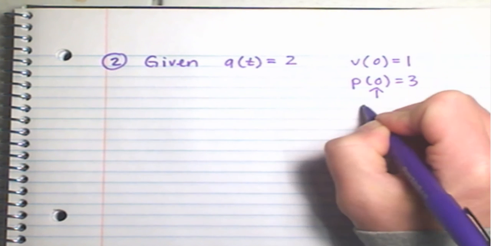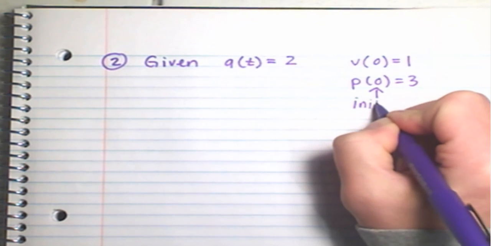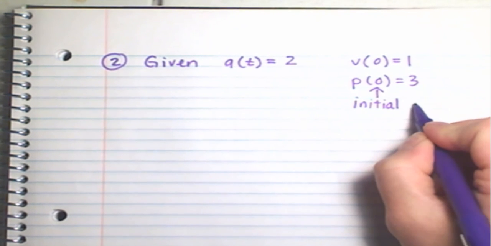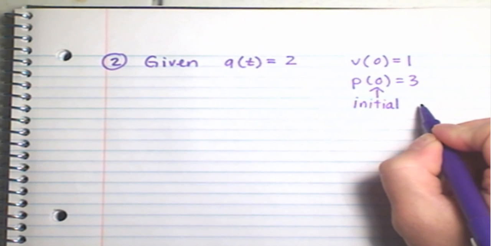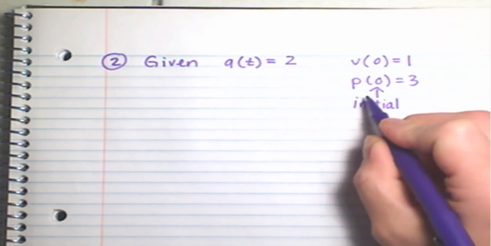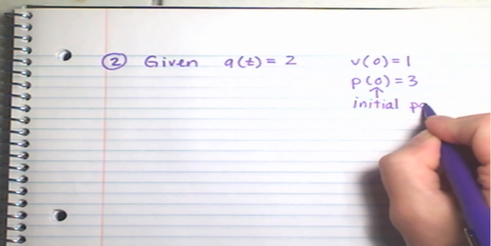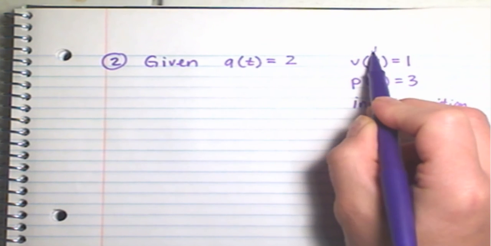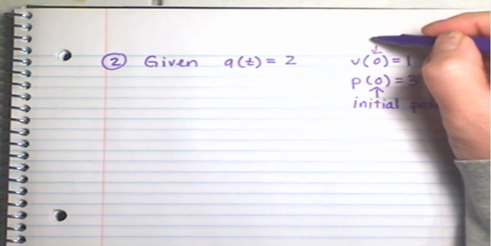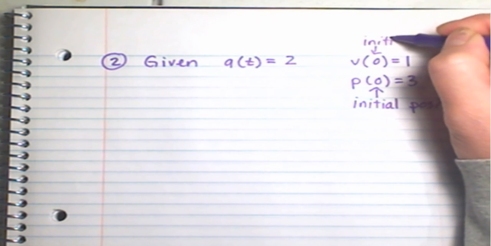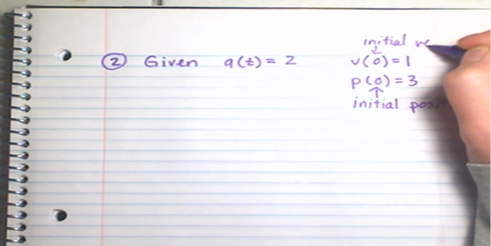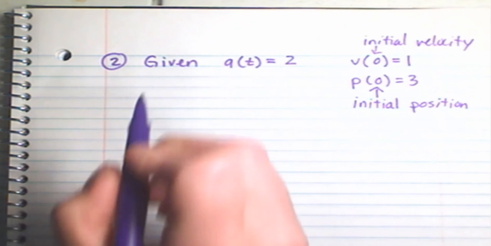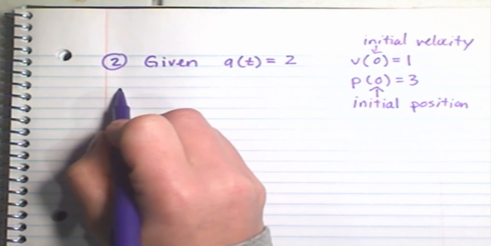Now, see here, when we use 0, that's initial, or V naught, if you want to connect that to physics. Initial position or initial velocity. That's the starting.